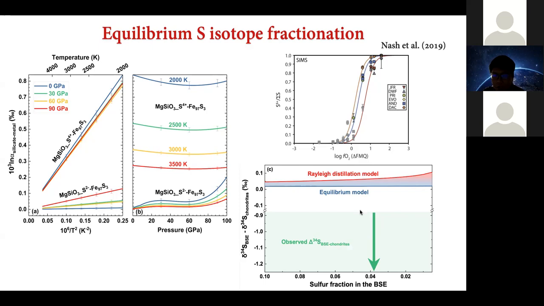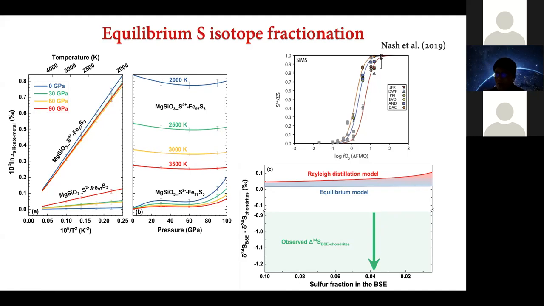We also estimate the effect of core formation on the sulfur isotope composition of the bulk silicate Earth using equilibrium and Rayleigh models. We can say that the core formation, or the core metal differentiation, can only cause a very small positive shift in sulfur isotope composition of the bulk silicate Earth, which cannot explain the negative sulfur isotope composition of the BSE relative to chondrites.